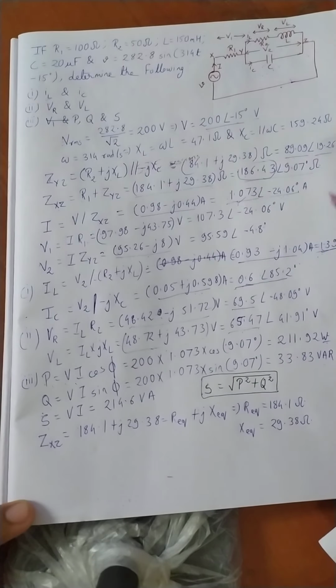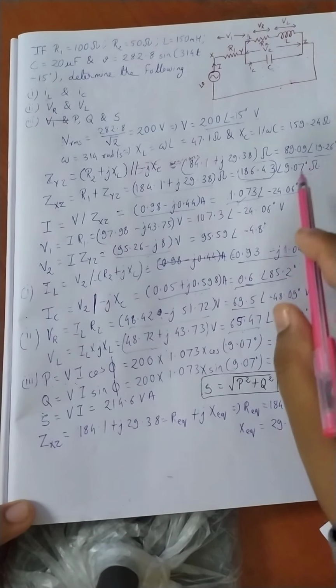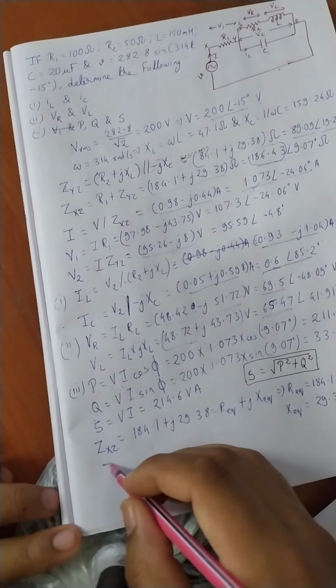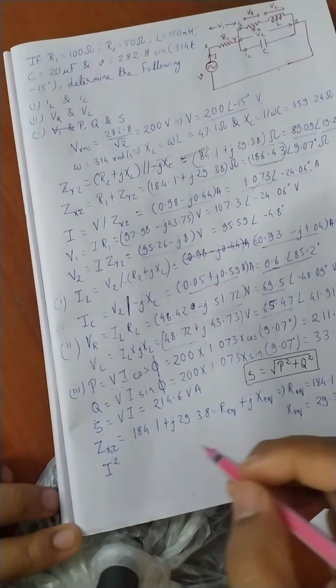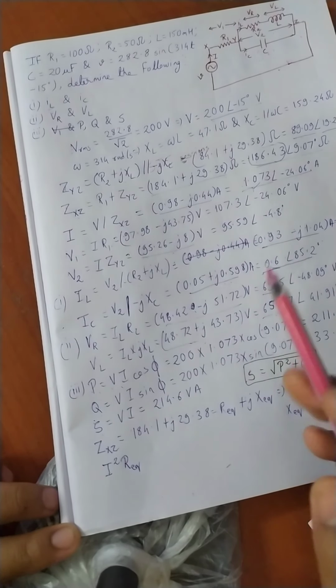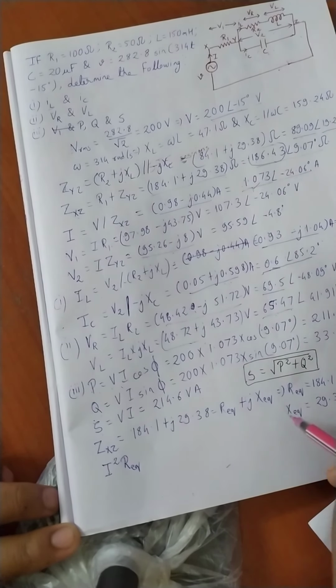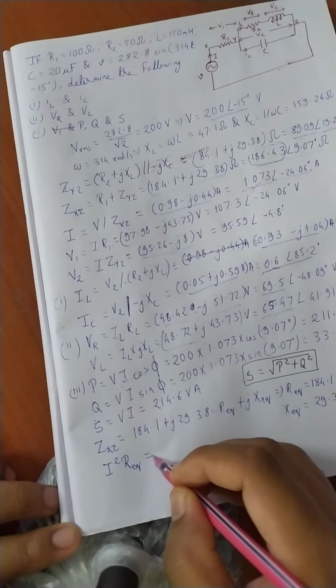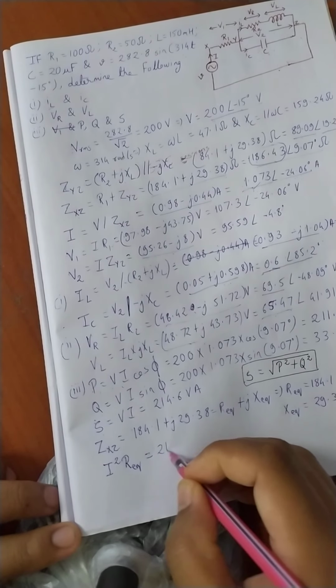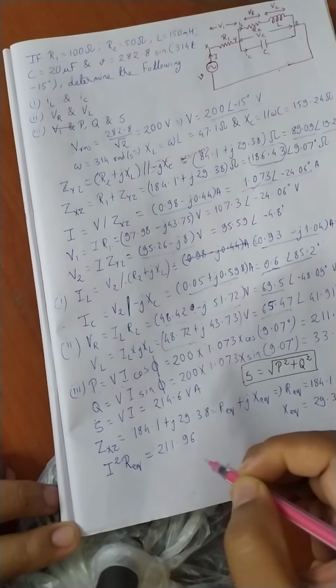Now what is the current that is actually drawn from the system? That is 1.073. Now let us try to find out I square into R equivalent. So we are putting the value of I and R equivalent. We are going to get this value is coming to be 211.96.